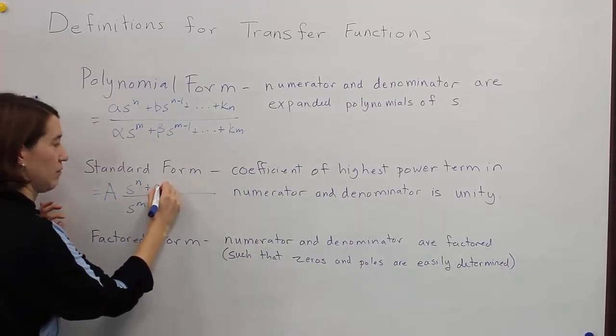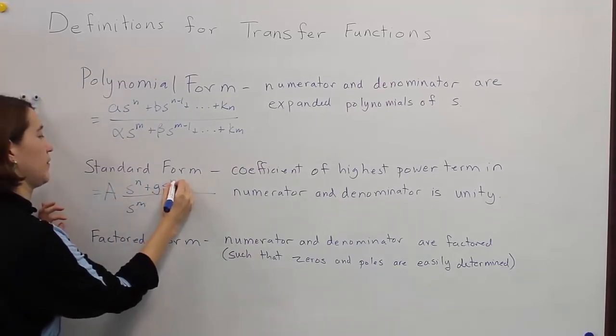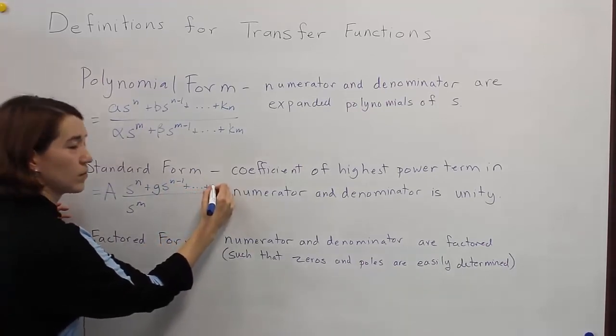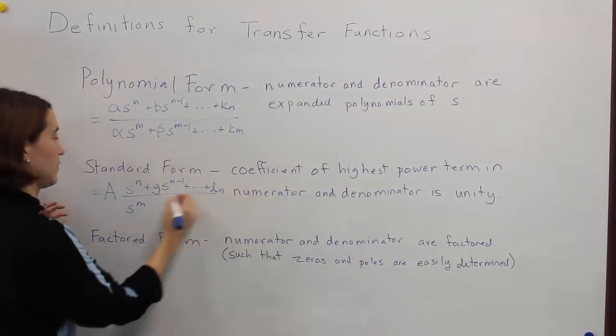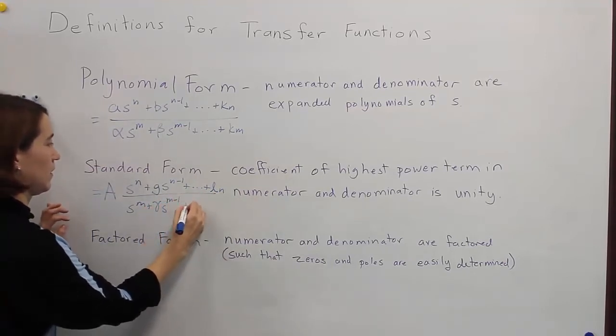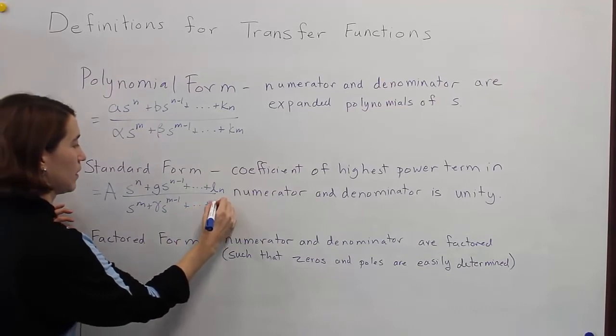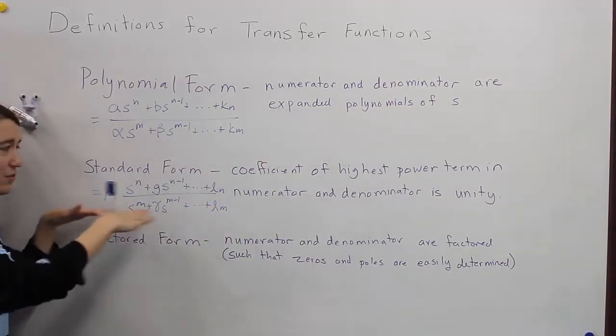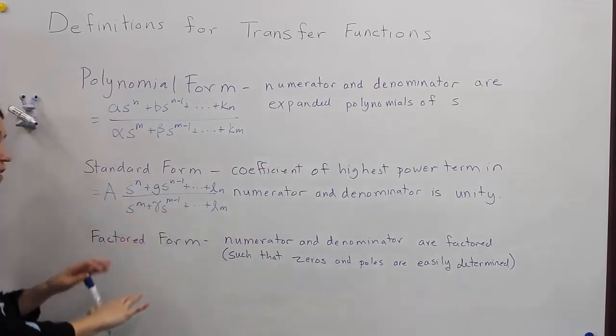Then we can just continue in this fashion to the constant term. So same here, it's gamma s to the m minus 1 until we get to the last term, constant. So this is the general form for standard form. You can write it this way.